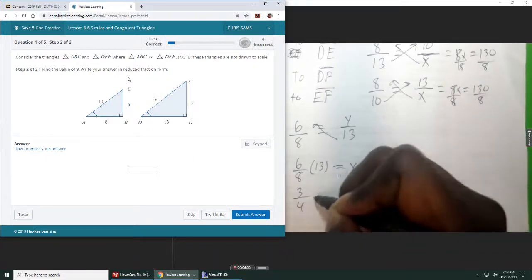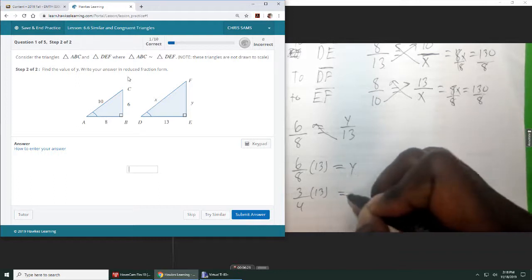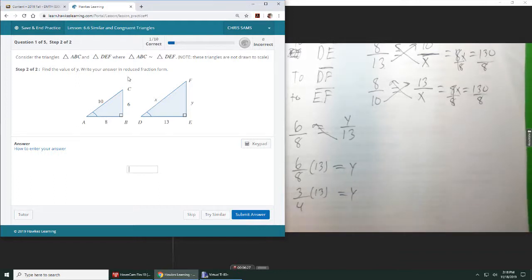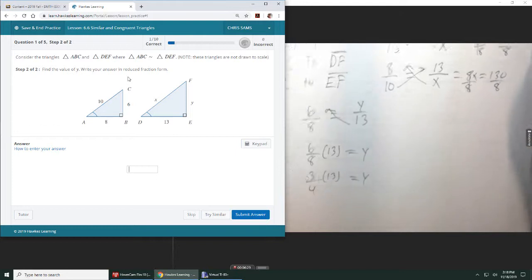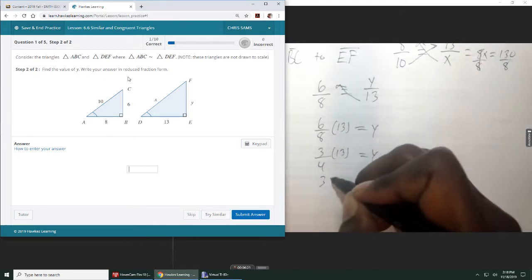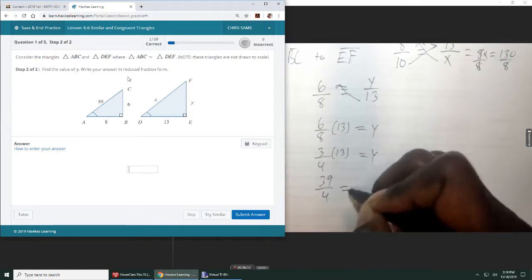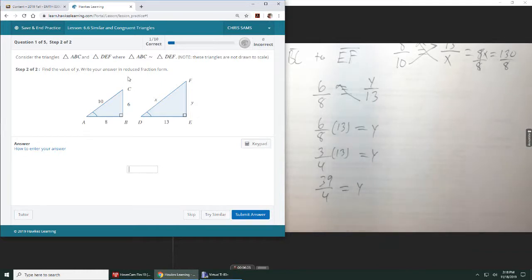Go ahead and do it by hand. Equals y. And then 3 times 13 gives us 39 divided by 4. And that will not reduce. So y is 39 divided by 4.